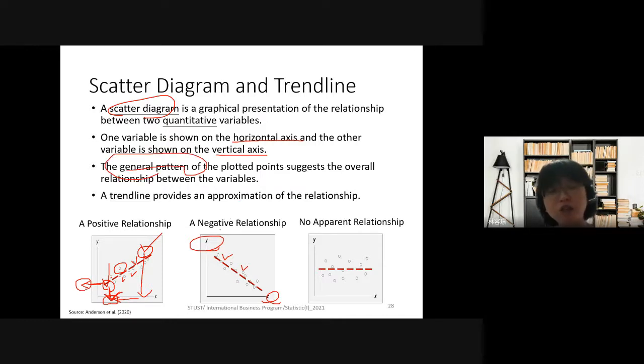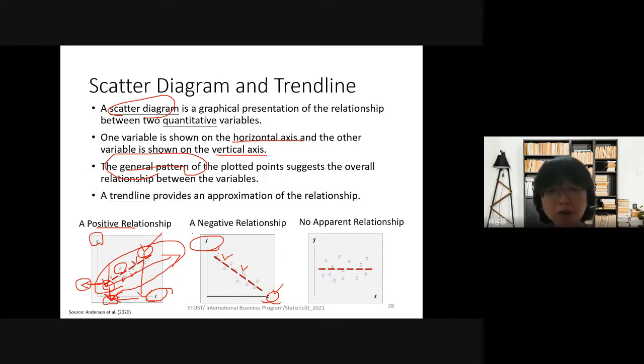For example, if you find those dots are in a positive trend, that is, they increase in the same direction, with the two variables, we will call it a positive relationship.